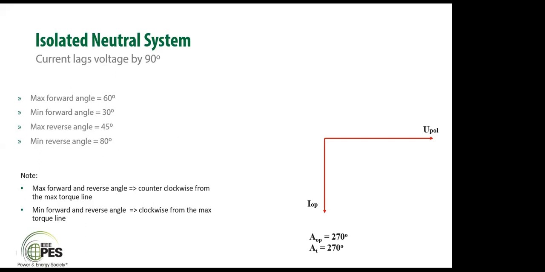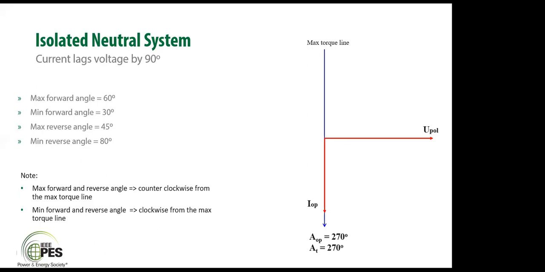We have set it. The next thing is to consider the maximum torque line. The maximum torque line will be at torque angle with respect to the polarizing voltage. So our torque angle is given 270 degree, so the maximum torque line will again be at 270 degree with respect to the polarizing.